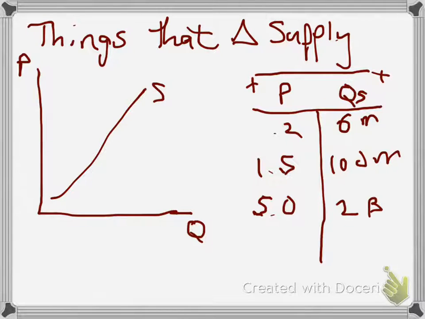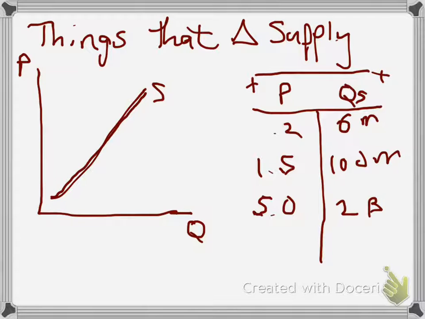And so it is a positive relationship, and that graphs in an upward manner as you go left to right. The thing is, it's just like demand.